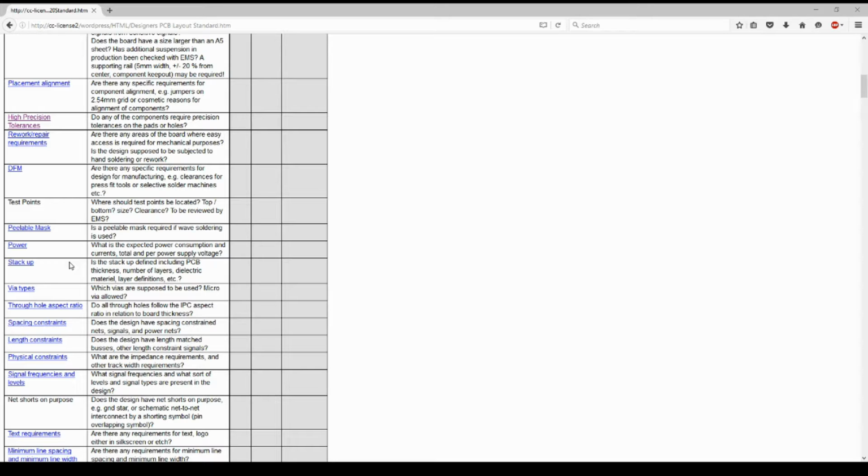Test points. Sometimes we may also have a feeling that the customer has forgotten to add some test points here and there. So we ask if they need them, if they have not added them already, and where the correct location is. Sometimes all test points should be placed at the bottom so that they can be connected through some test jig.